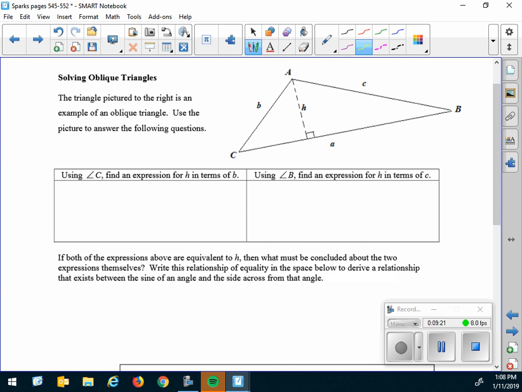Now let's look right here. Using angle C, find an expression for H in terms of B. Now what in the world does that mean? Find an expression for H. It means H equals. In terms of B means I want B to be one of the variables in my equation.